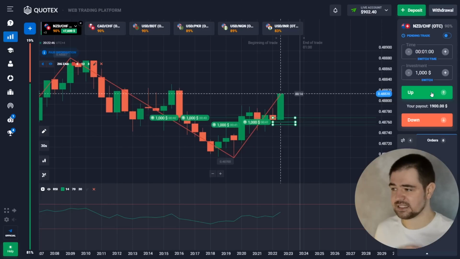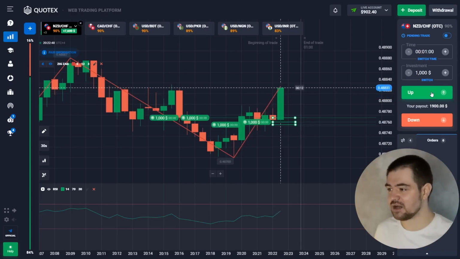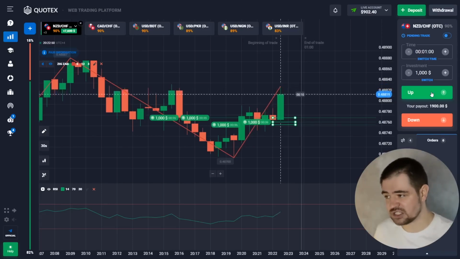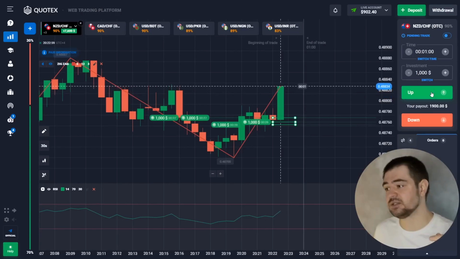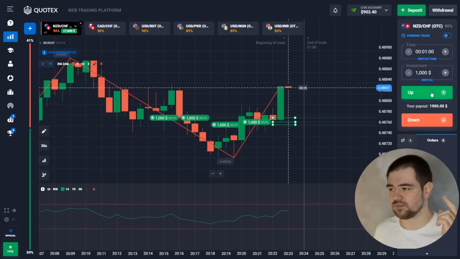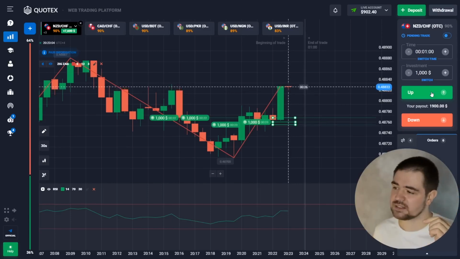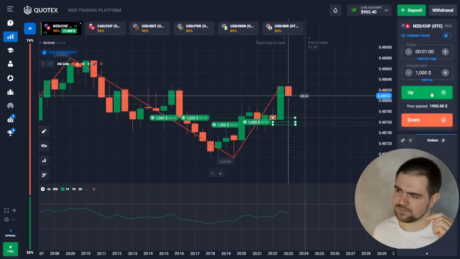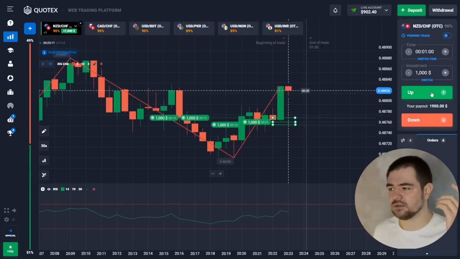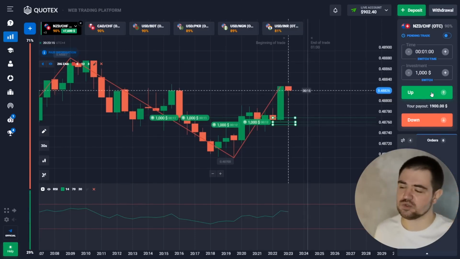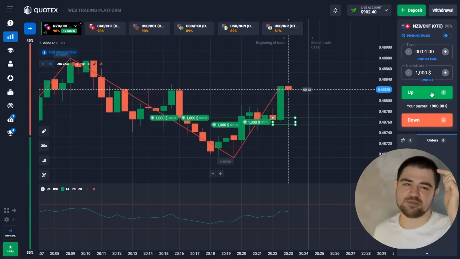And we see there's not much of a pullback there, and it was collecting around the area of the resistance level, which usually means that it is likely to go and break through it. Actually, when it breaks through with just one big candle, that's usually not a good situation, because it might not have enough power to stay there.